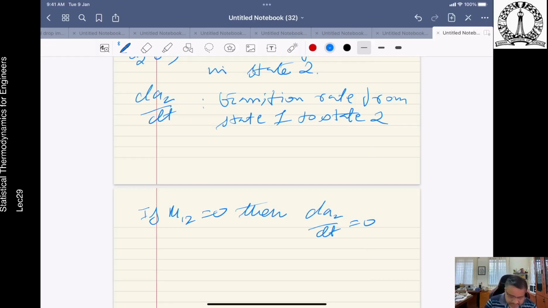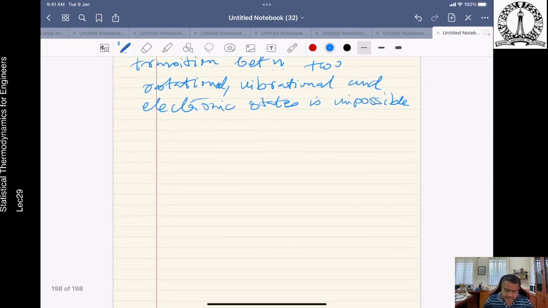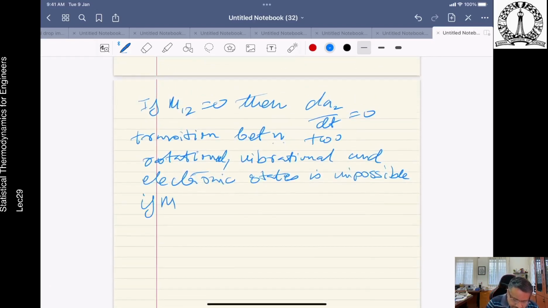So transition between two rotational, vibrational, and electronic states is impossible if M12 is equal to 0, which in other words means if the transition dipole moment is 0.